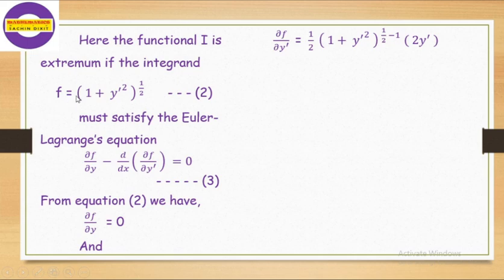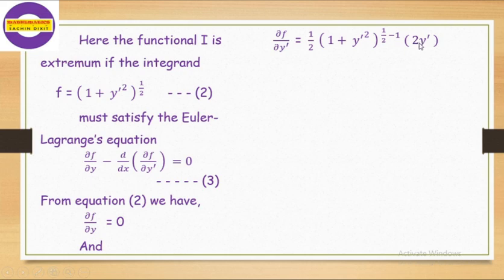In equation 2 there exists a y' term. Now find its partial derivative with respect to y'. Here (1 + y'^2) raised to half is our function. To find its derivative, 1/2 into (1 + y'^2) raised to 1/2 minus 1, into the derivative of the inner function, that is 1 + y'^2. Derivative of 1 is 0, derivative of y'^2 is 2y'.